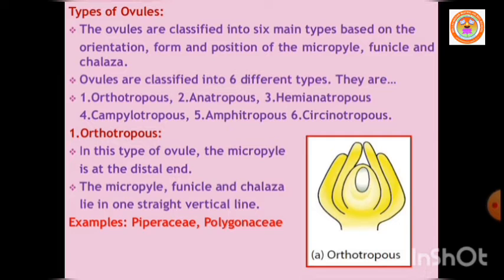We know that funicle is called the stalk of the ovule. Integuments which leave a small opening in the ovule is called micropyle. Opposite to the micropyle is called chalaza.